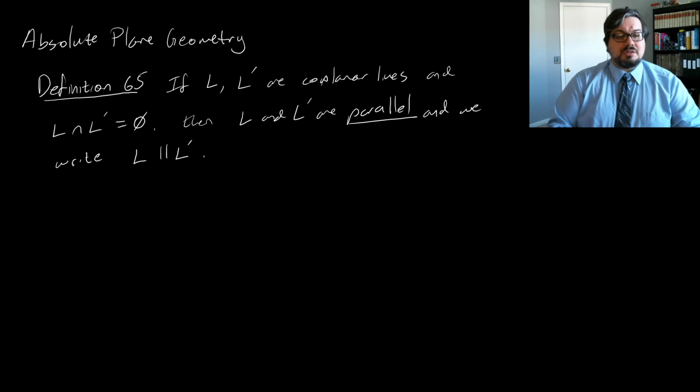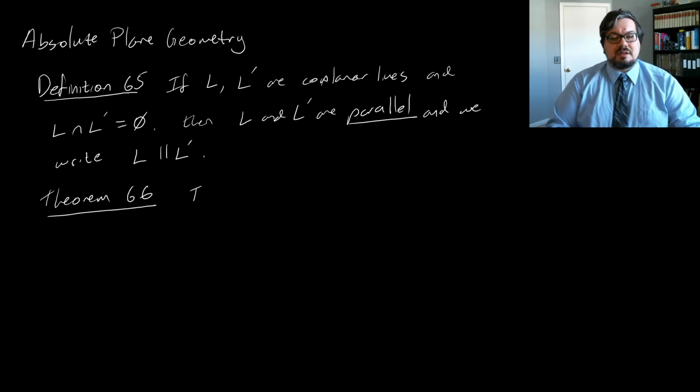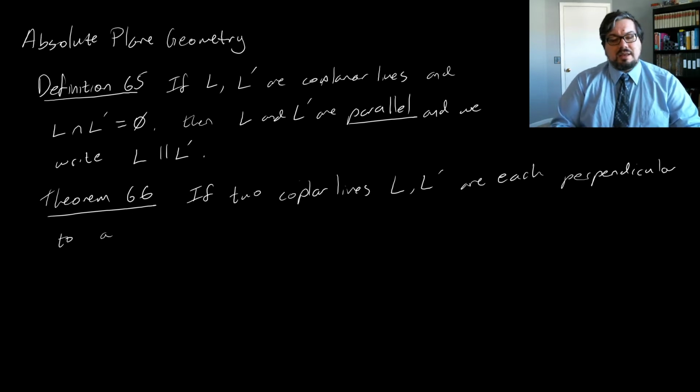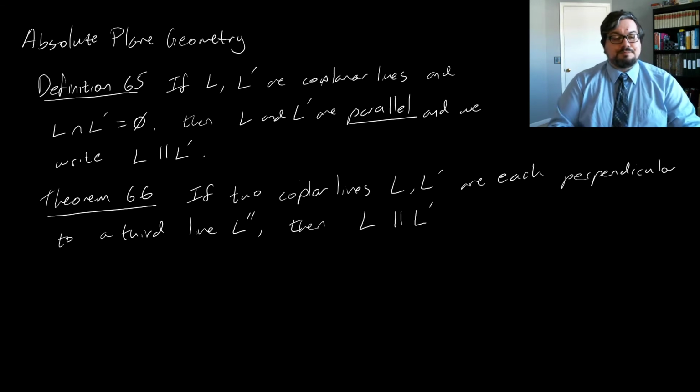And the first result along these lines is Theorem 66, which says that if two coplanar lines, L and L prime, are each perpendicular to a third line, L double prime, then L is parallel to L prime.